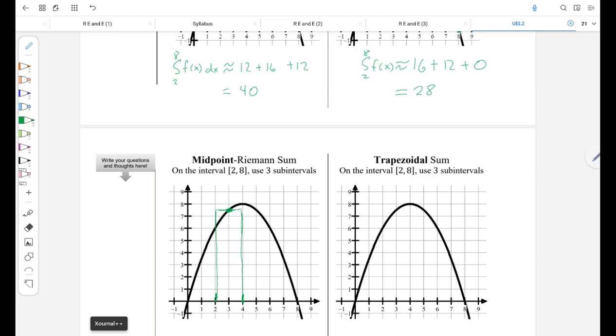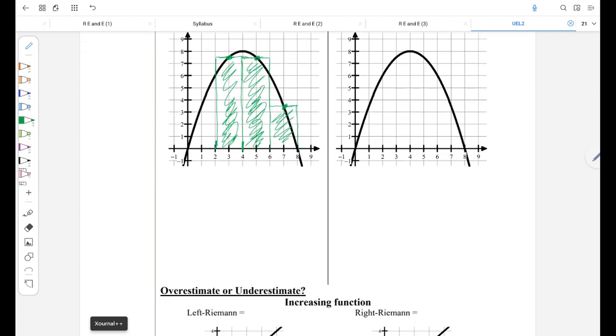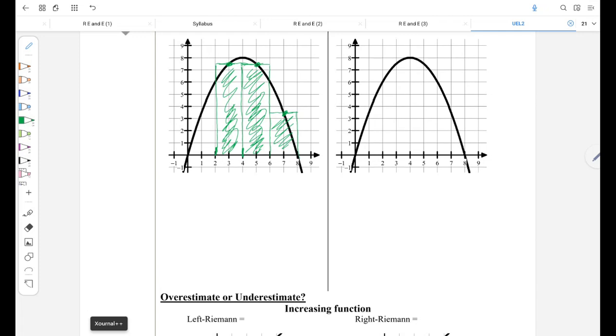And then I'm going to do the same thing here, and I'm going to end up with the same point, it looks like, because this is a parabola. And then we'll do the 7, the midpoint here.